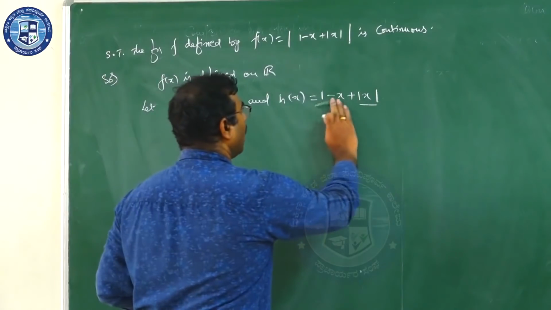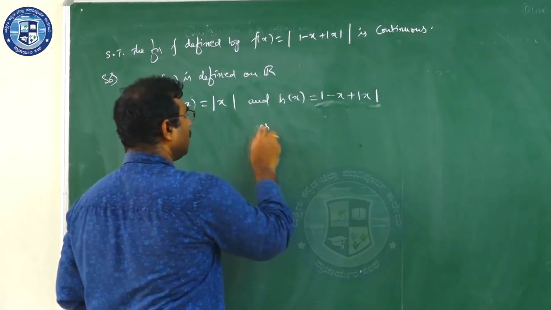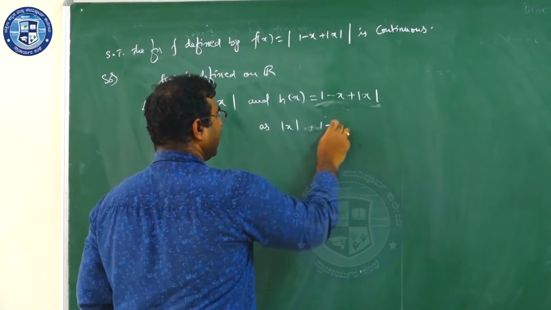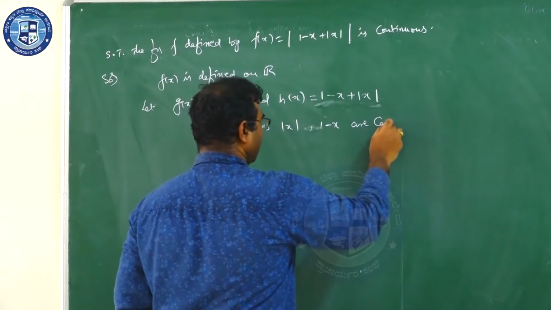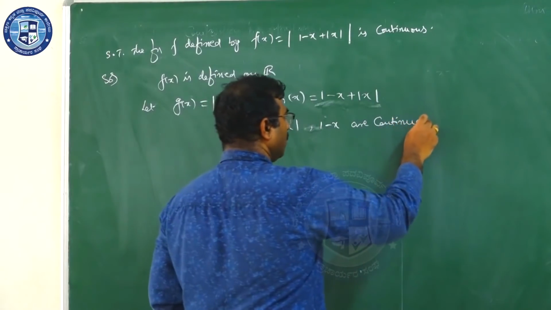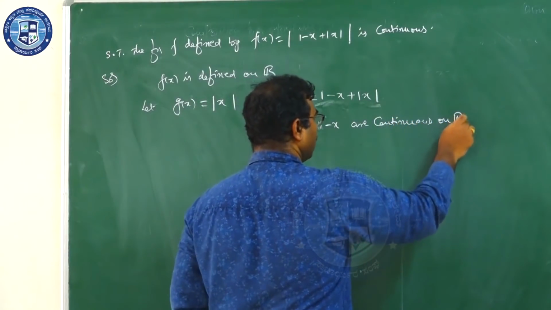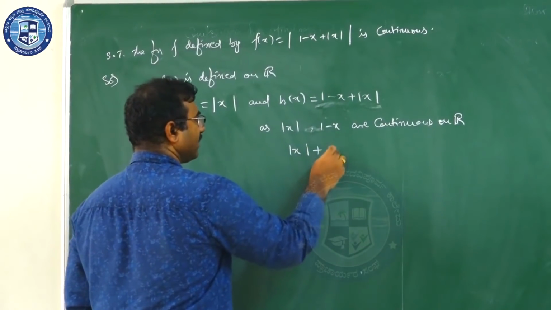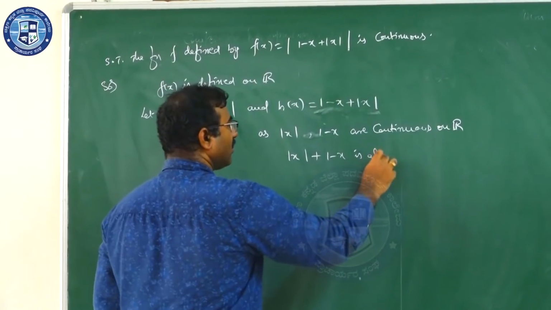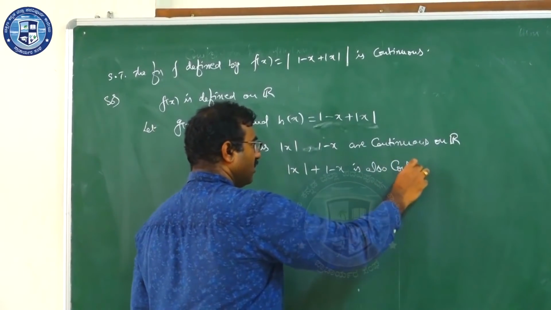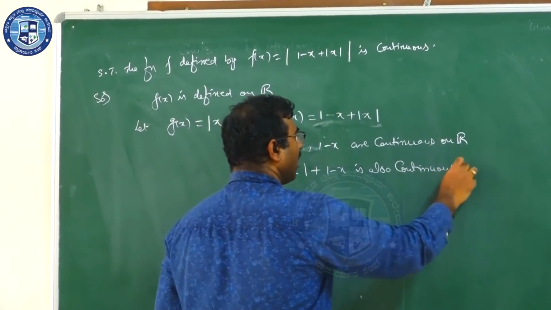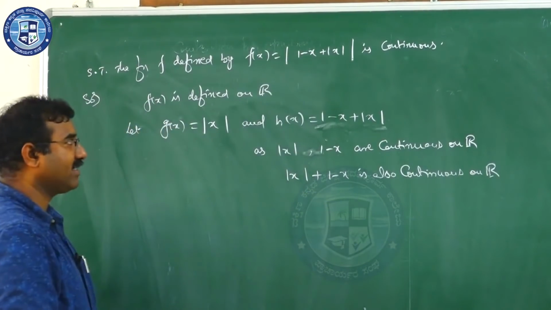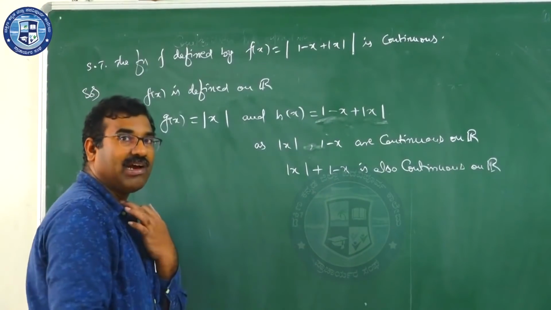Okay, as mod x and 1 minus x are continuous on R, mod x plus 1 minus x is also continuous on R. Okay, right, h of x is continuous on R, we got it.